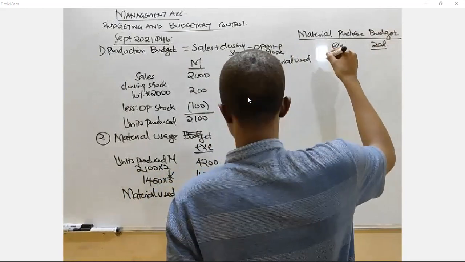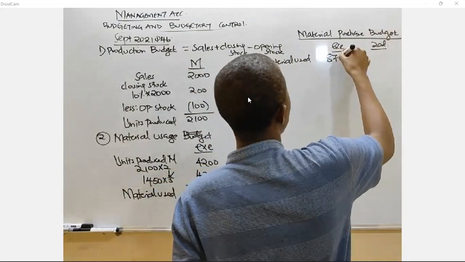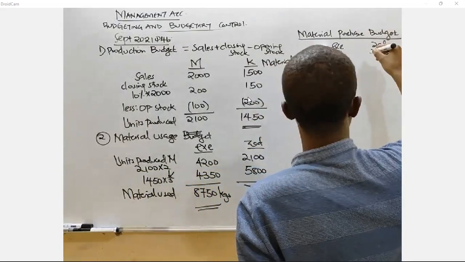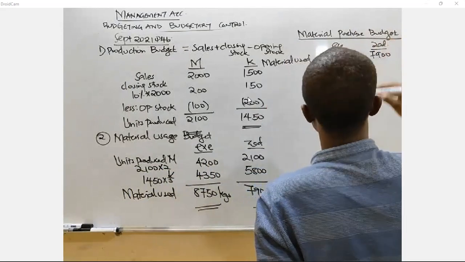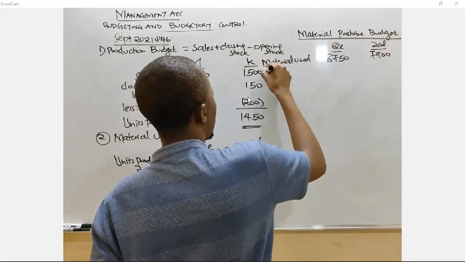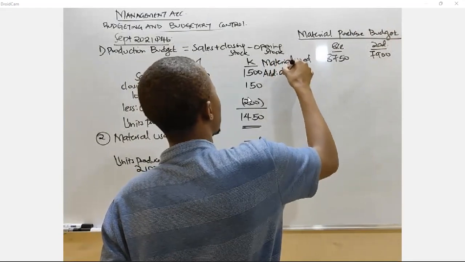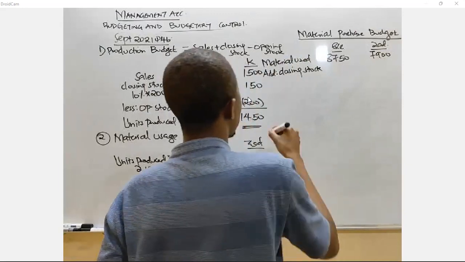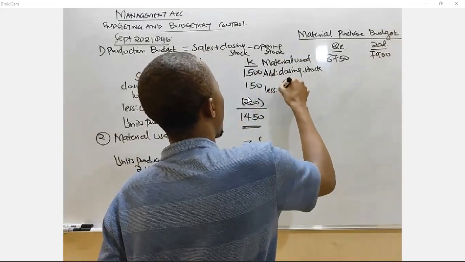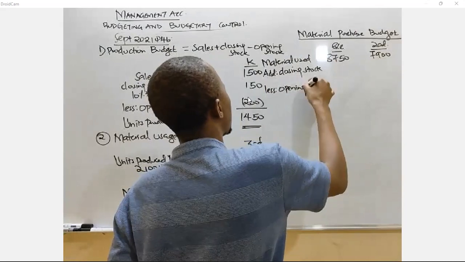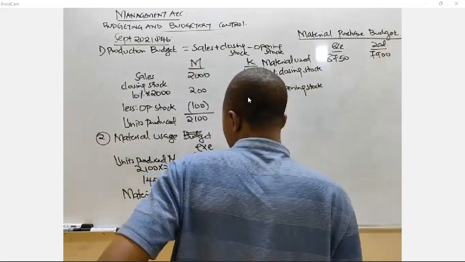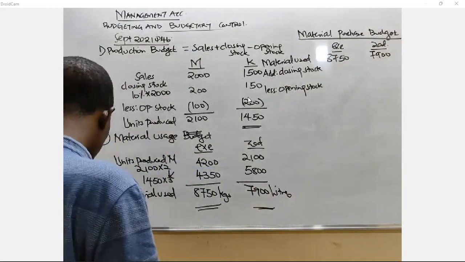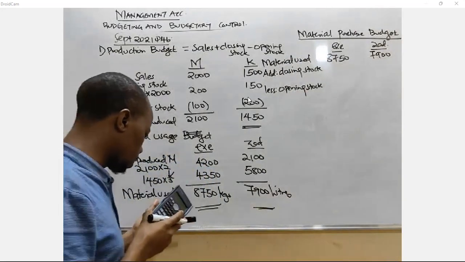So the material used here, we have talked about 8,750. The other one will be 7,900. We add our closing stock. Then we less our opening stock. When you look at the requirement, the examiner has given you the opening stock of the materials as 300 kgs and 1,000 liters.